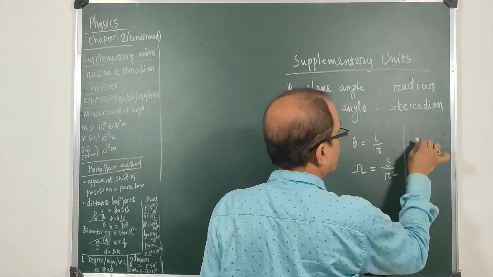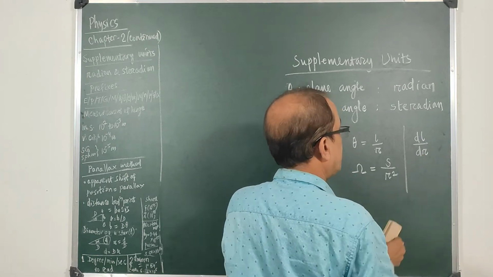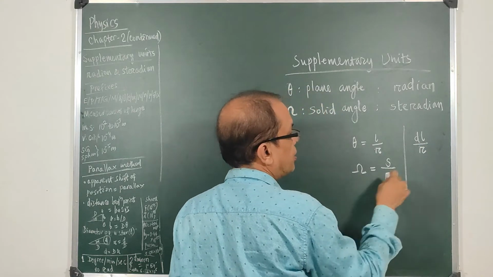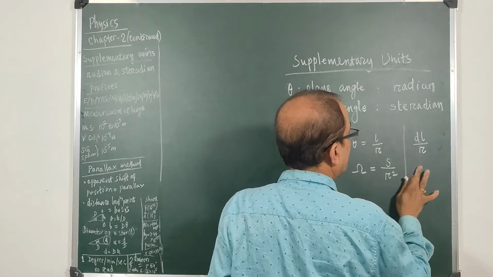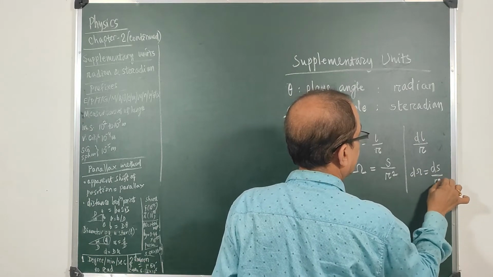In calculus form we can take d theta is equal to dl by r, while for the solid angle d omega is equal to ds by r square.